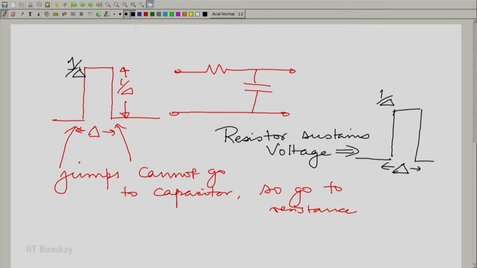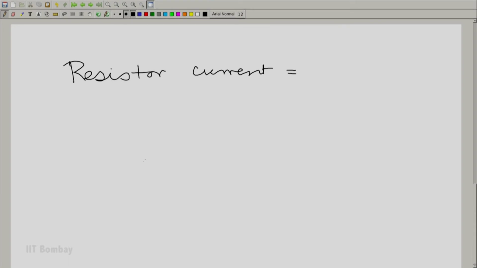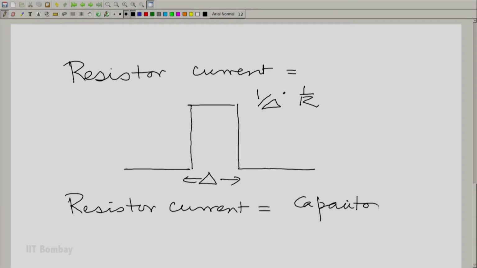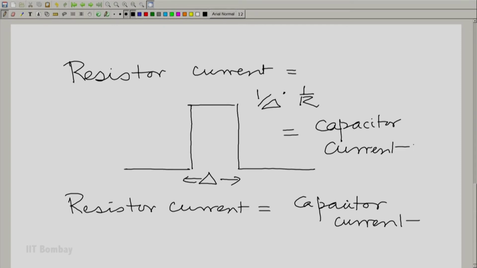And therefore, we need now to find the current in the resistor. Resistor current is the same voltage, but divided by R. So, 1 by delta multiplied by 1 by R sustained over a width of delta. And the resistor current is equal to the capacitor current. And now we can integrate the capacitor current.